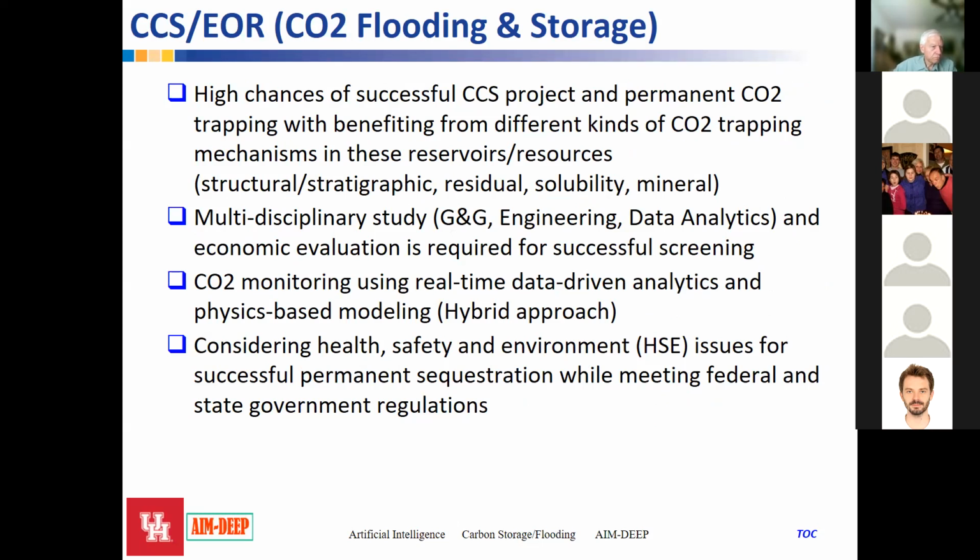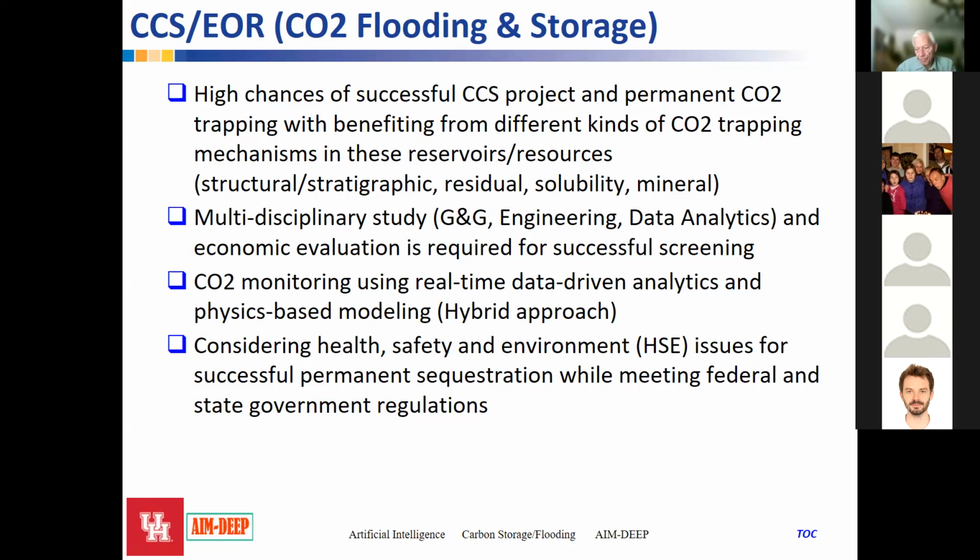And for this work to be successful, we do need integrated reservoir studies, including multidisciplinary G&G, engineering, and data analytics programs working together as a very tight team to get good results out of this.